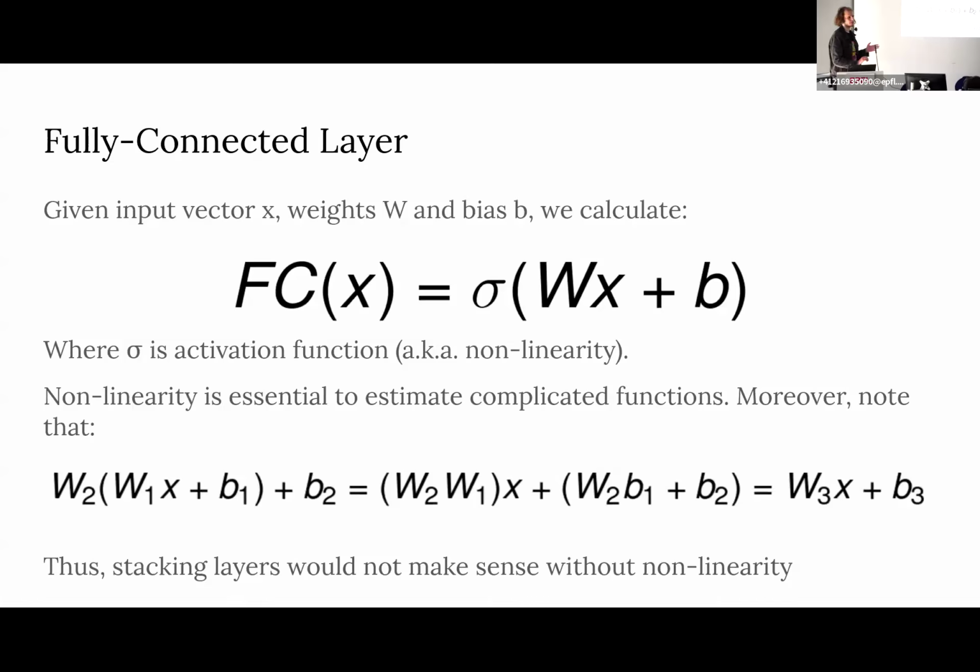Imagine you want to approximate a sinus. You cannot approximate a sinus with a line. You need some nonlinearity. And that's why, to make your deep neural network nonlinear, you add these activation functions, which change your fully connected layer from being linear to being nonlinear.